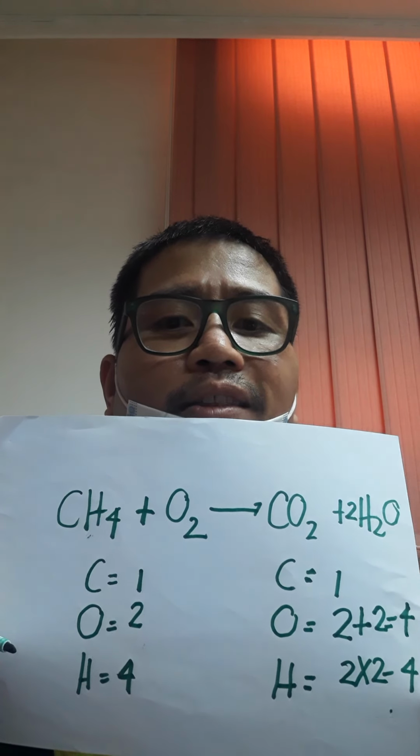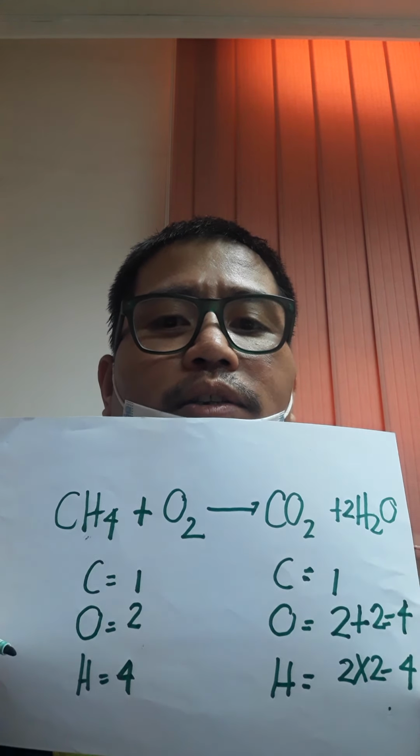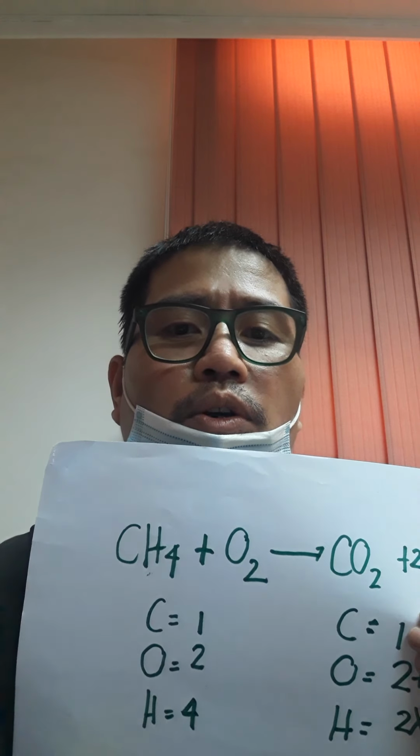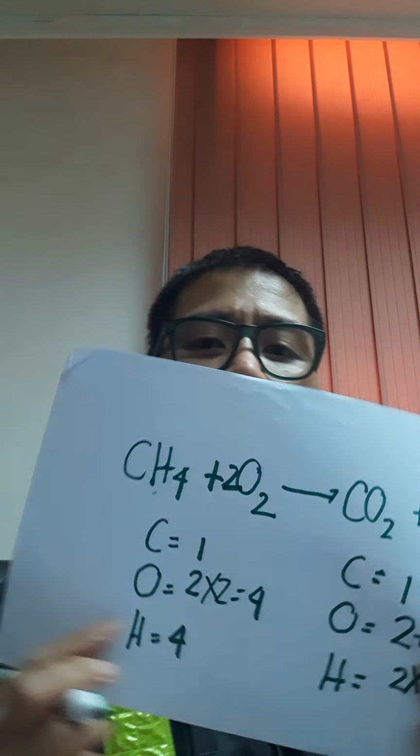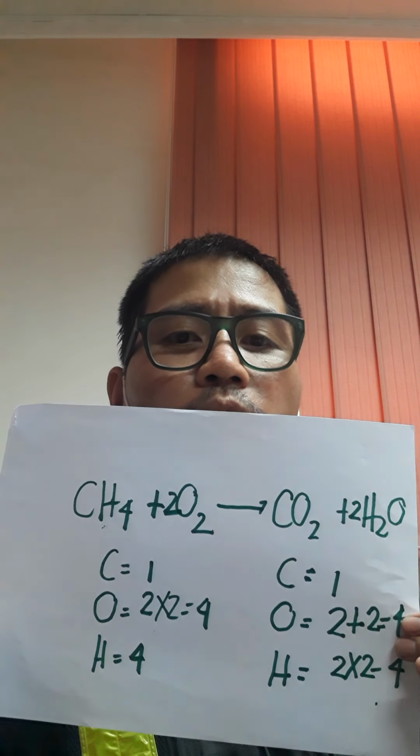So in order to compensate for the loss of 2 atoms in the reactant, we need to add 2. So add 2, therefore 2 times 2 of the oxygen in the reactant. So like this, methane plus 2 moles of oxygen gas equals carbon dioxide plus 2 moles of water.